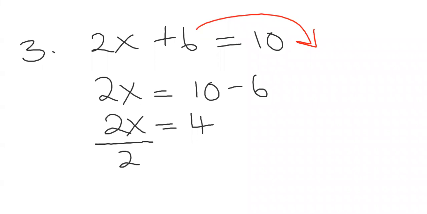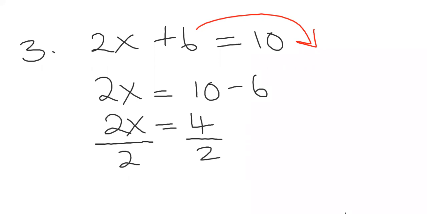Or alternatively, divide by everything that is attached to x that you are not interested in. You are interested in x, so you are not interested in finding the value of 2. So divide everything by 2. And then we do that both sides. Whatever you do on your left, you do on your right.